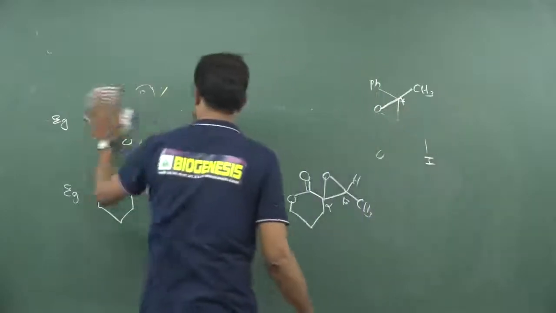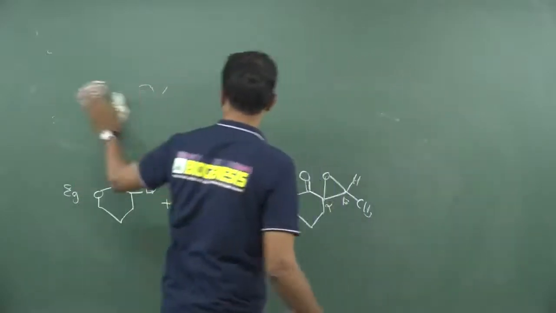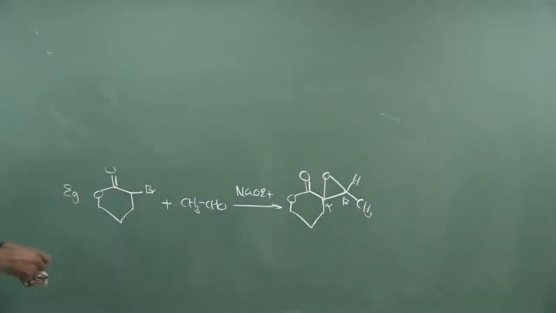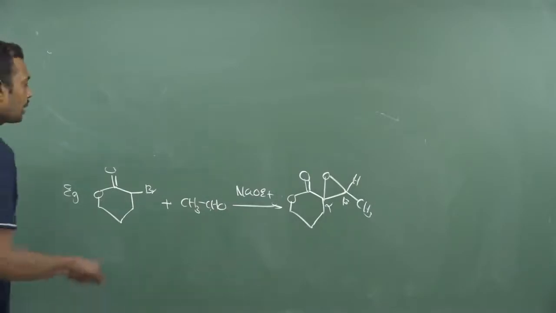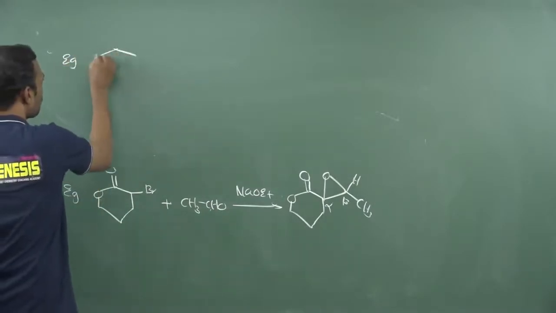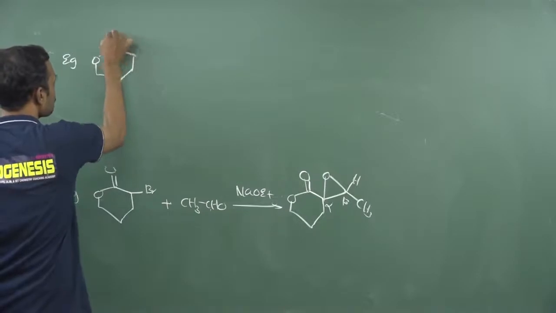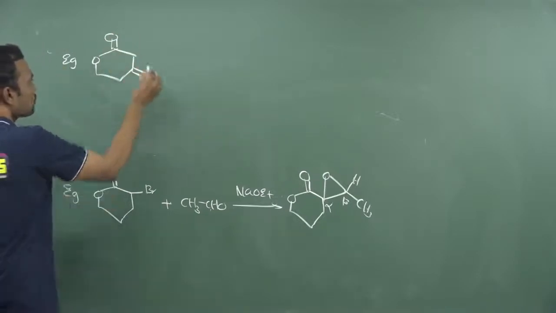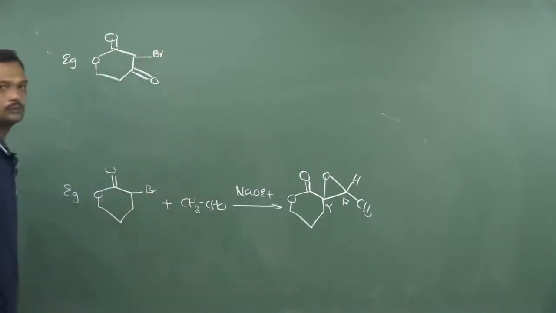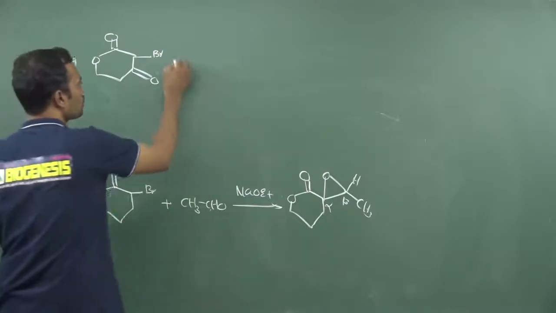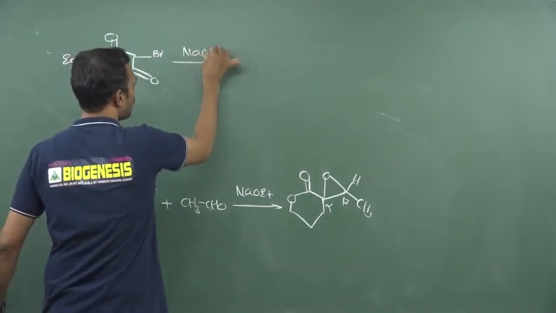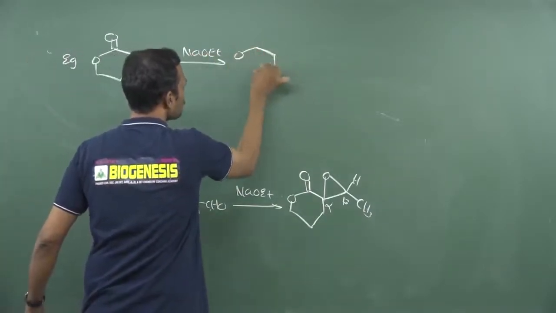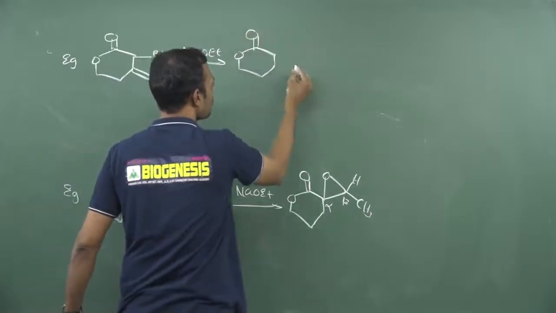So this is Darzens glycidic ester condensation, and here it is also possible within the skeleton. Intramolecular condensation is also possible. Intramolecular, I am showing. See, this is an ester, and here there is a carbonyl group like this. Alpha halo. Just go through it. Now if I use NaOEt, there is a formation of a carbanion.